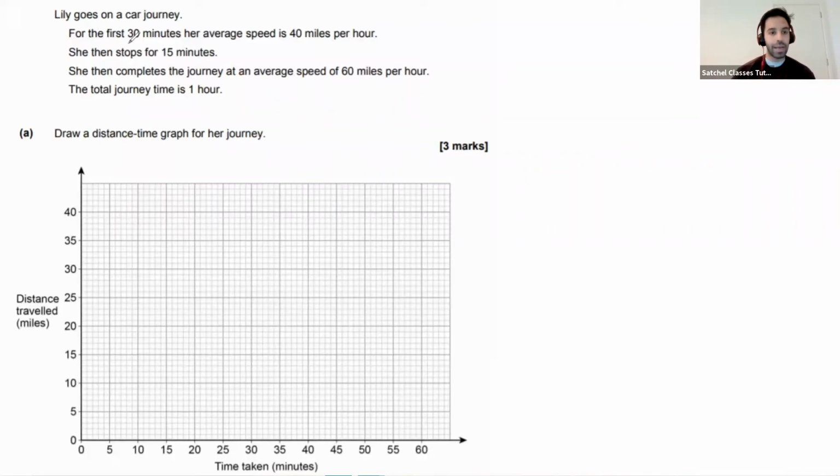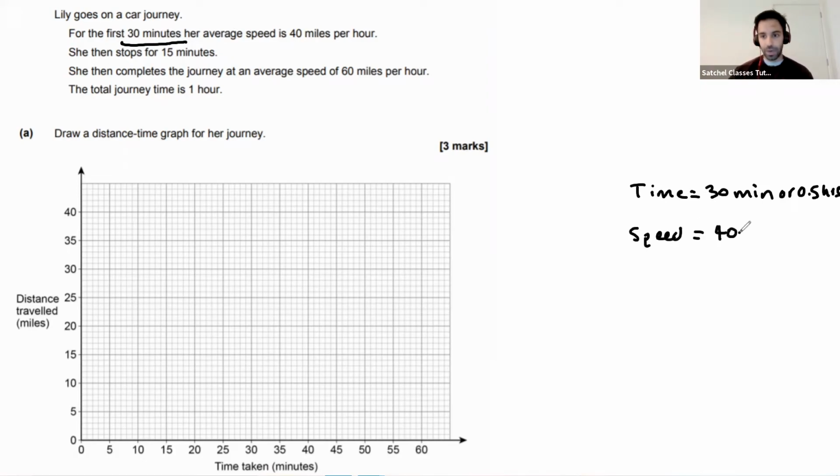So right now in this question, we have time. So time is equal to 30 minutes or 0.5 hours. And we also have this speed, which is 40 miles per hour.